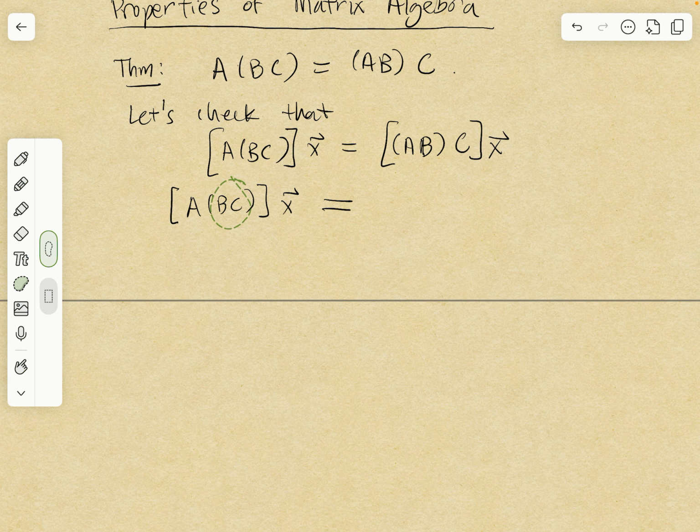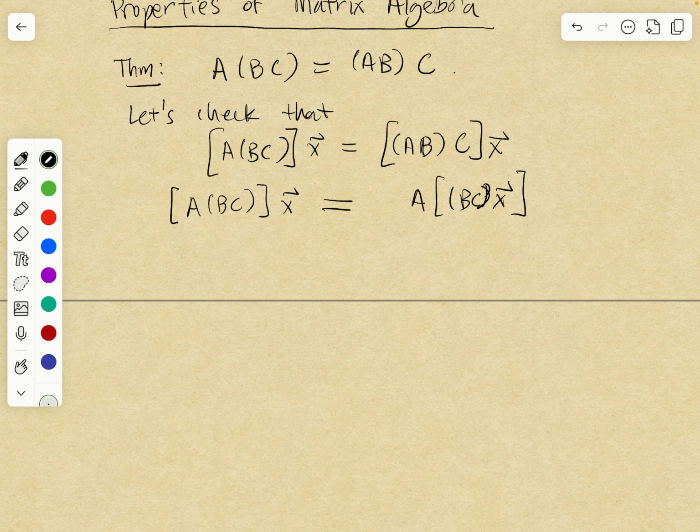If you multiply that by x, by the definition of the product of A and BC, that is the same as taking the matrix BC, multiplying it by x, and then multiplying the result by A. So I'm going to write it like this: A times the vector BC times x. So this is by definition of the product A times the matrix BC.